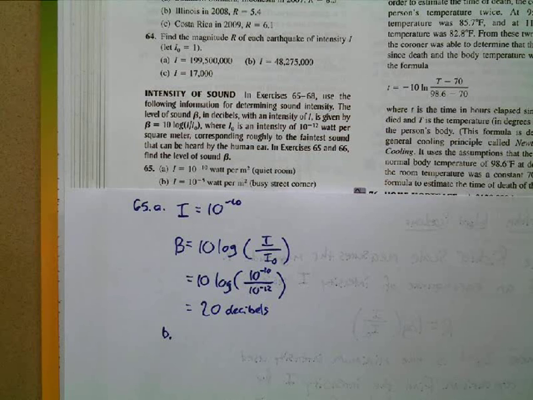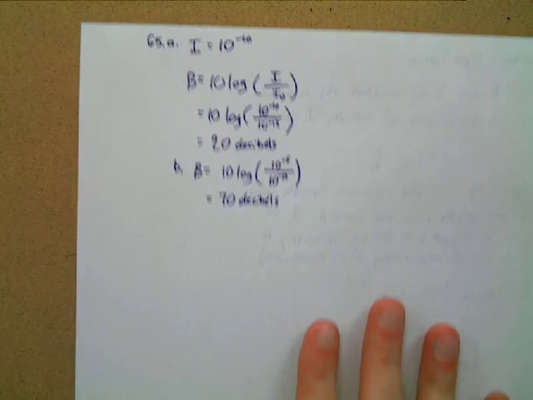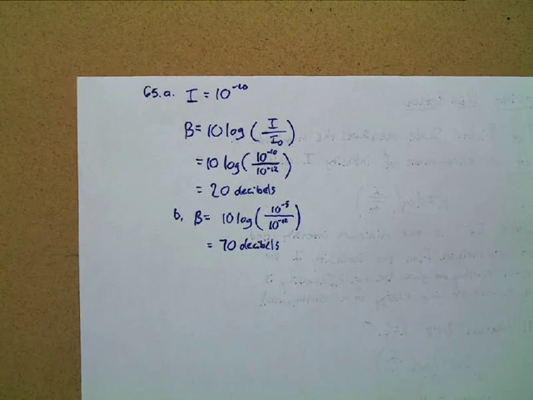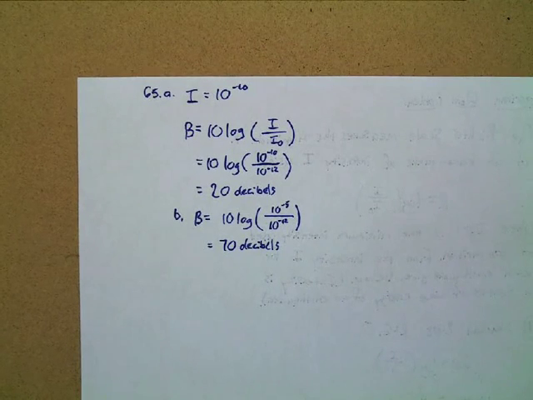Here's another interesting scenario. When we talked about the Richter scale, going up 1 point really resulted in an earthquake 10 times stronger in intensity. Here, we went up 50 decibels, which is equivalent to taking something at 10 to the negative 10 and going up to 10 to the negative 5th.